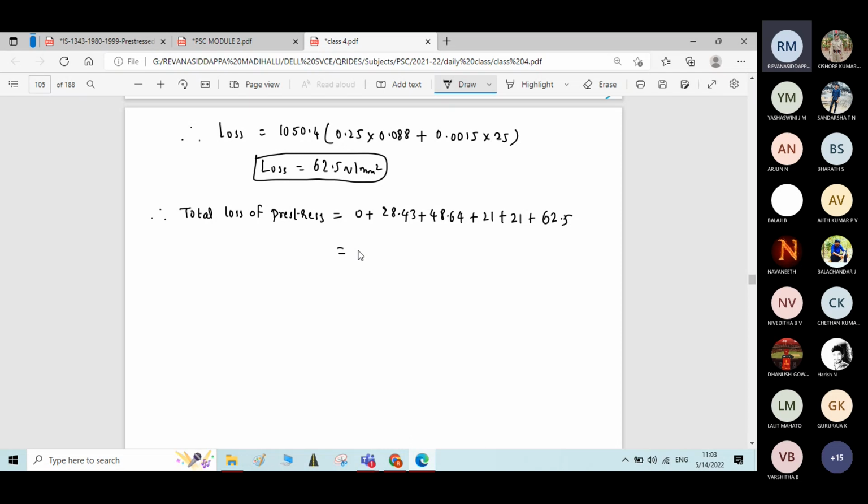Adding all together, by this we'll get the total loss, that is 181.56 Newton per mm square.